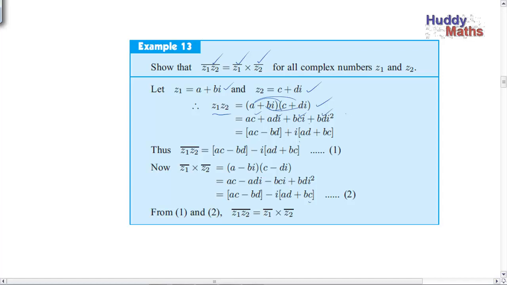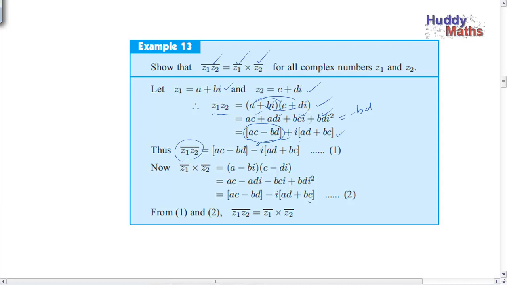And bdi squared is negative bd. So collecting up your real parts, ac take bd, and the i terms, ad plus bc. So the conjugate of that product now has the opposite sign in there, like that.